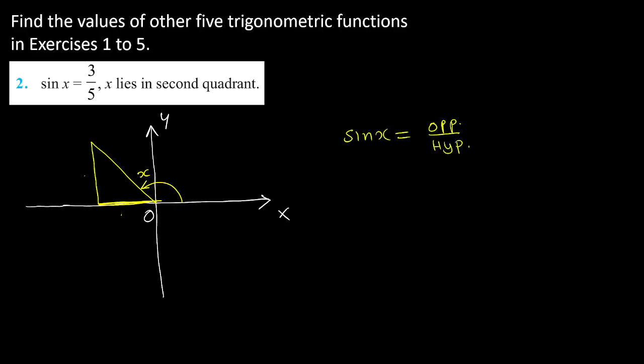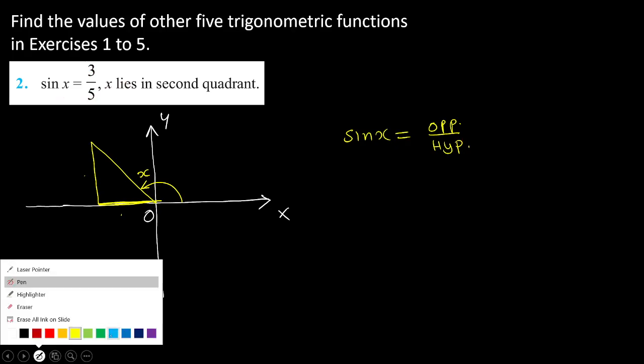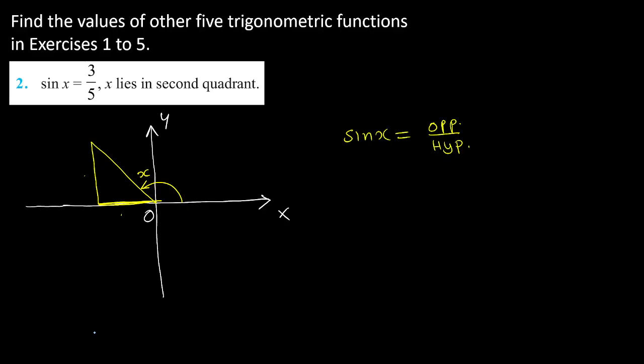Deva, you agree with me? Is it correct? Yes. So here sin x is 3 by 5, which means the opposite side must be 3. Opposite means the distant side. The distant side is this one, right?